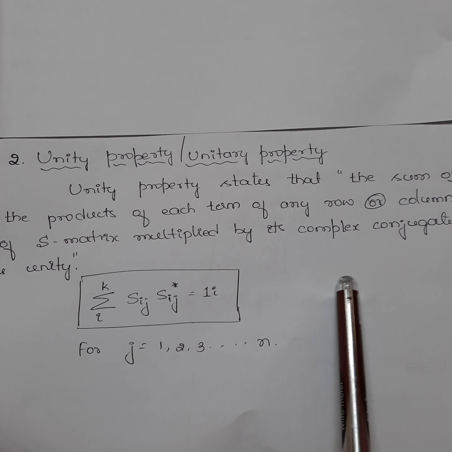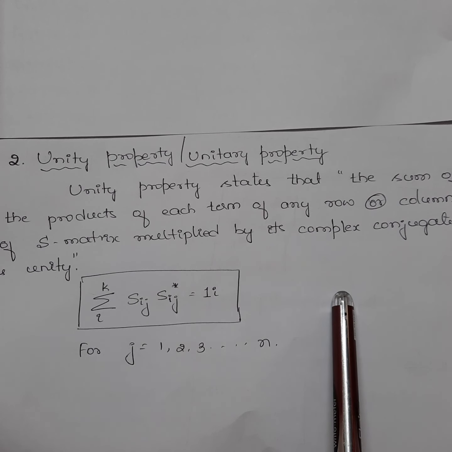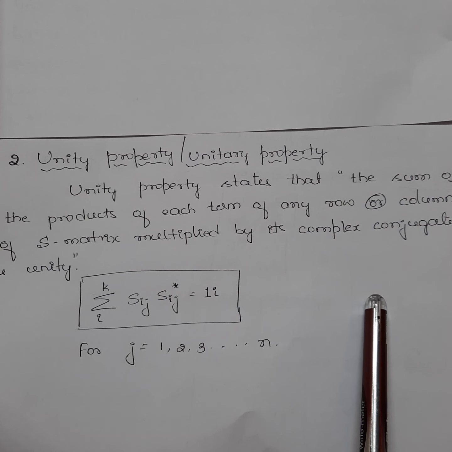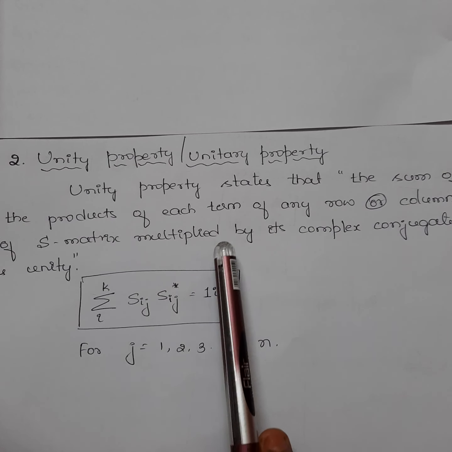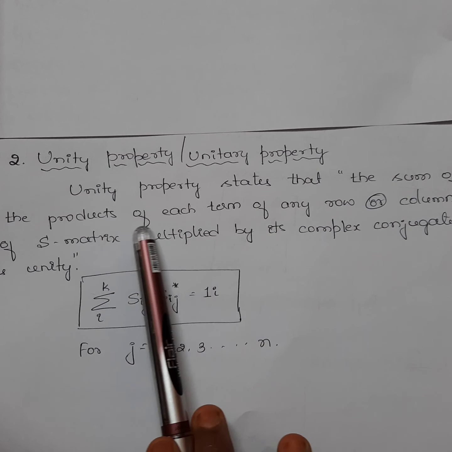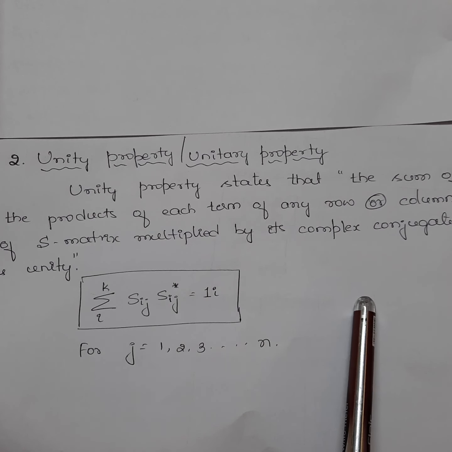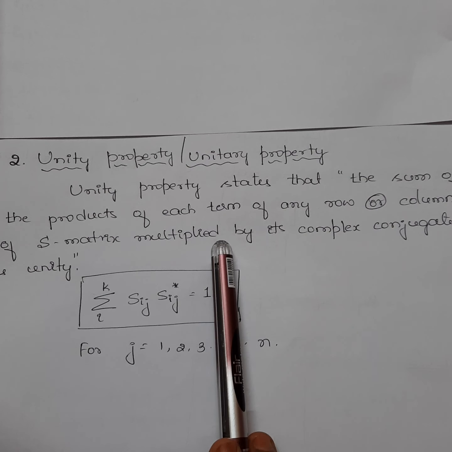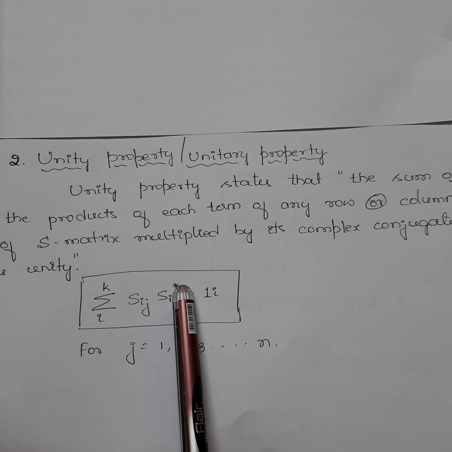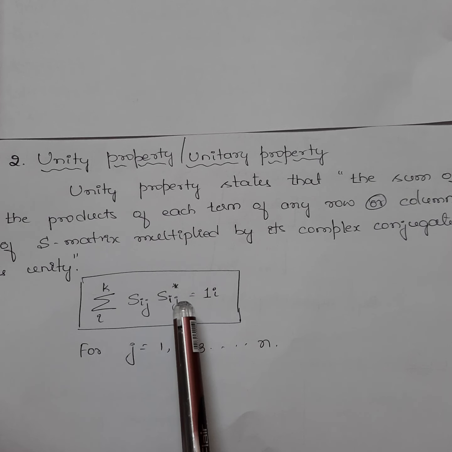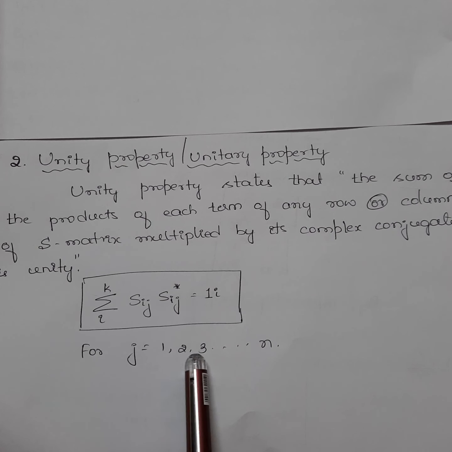If I take the example of S11, S12, S21, S22, it means the sum of the product of each term of any row, I mean S11, S12, multiplied by its complex conjugate, that is Sij into Sij complex conjugate, is going to be equal to unity, for j equal to 1 to n.